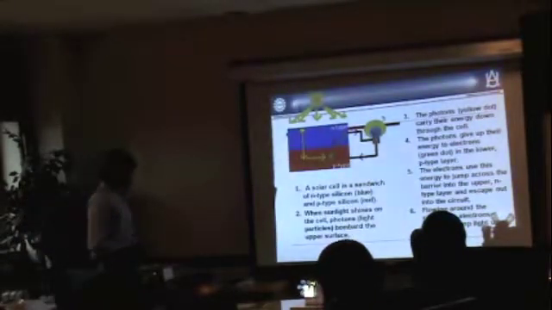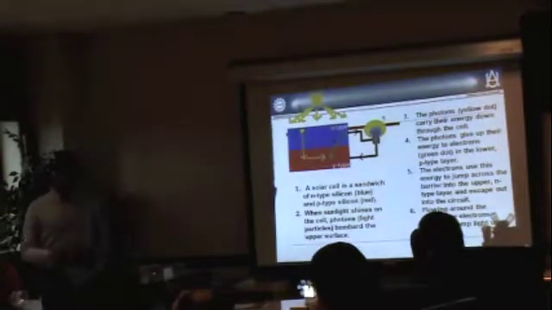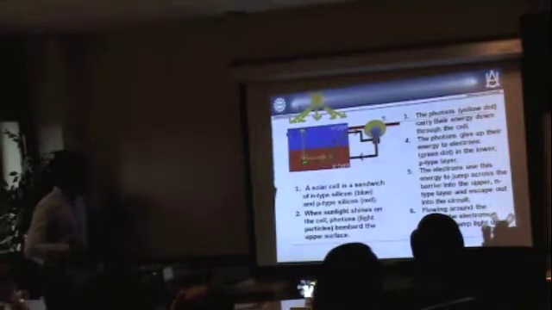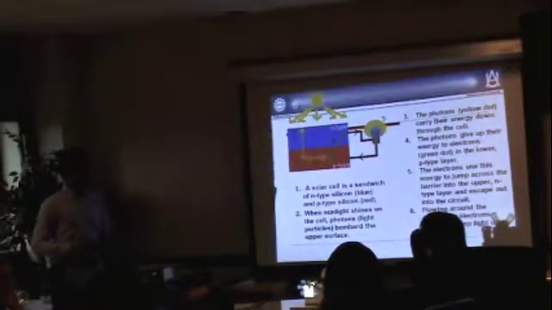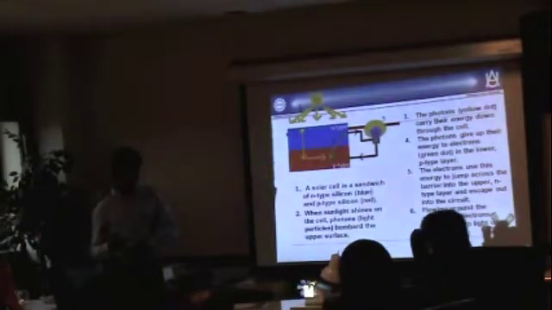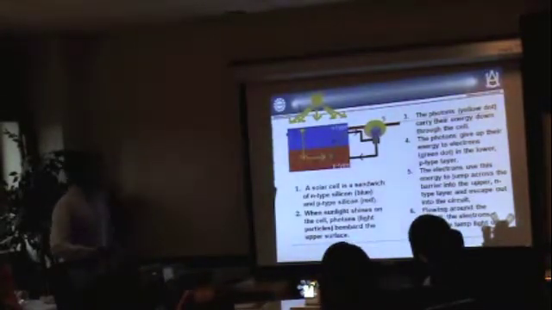At a glance, let me try to encapsulate everything. A solar cell is nothing but a sandwich of N type and P type placed together. Once light falls on it, the photons, the yellow dots, go through the P type and give up their energy. Photons are nothing but energy. It's like kicking a rod: I give my energy to it, but I'm not destroying that energy, I'm changing it from one form to another.